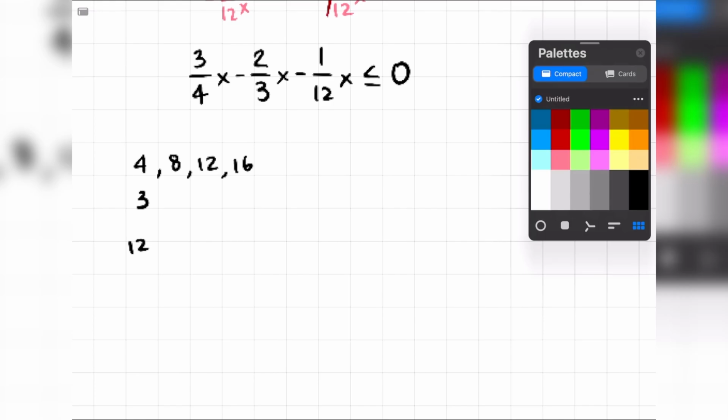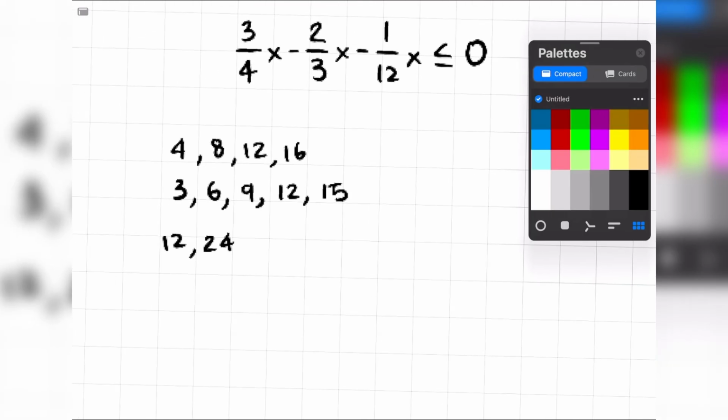Next one. 3 plus 3 is 6. 6 plus 3 is 9. 9 plus 3 is 12. 12 plus 3 is 15. And then 12 plus 12 is 24. We can stop there. You are looking for the same number in all of them. You are looking for the least common number.